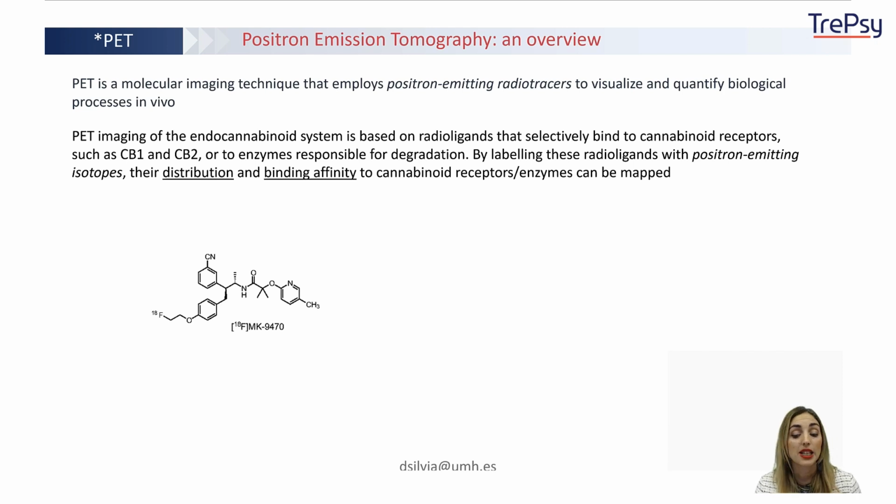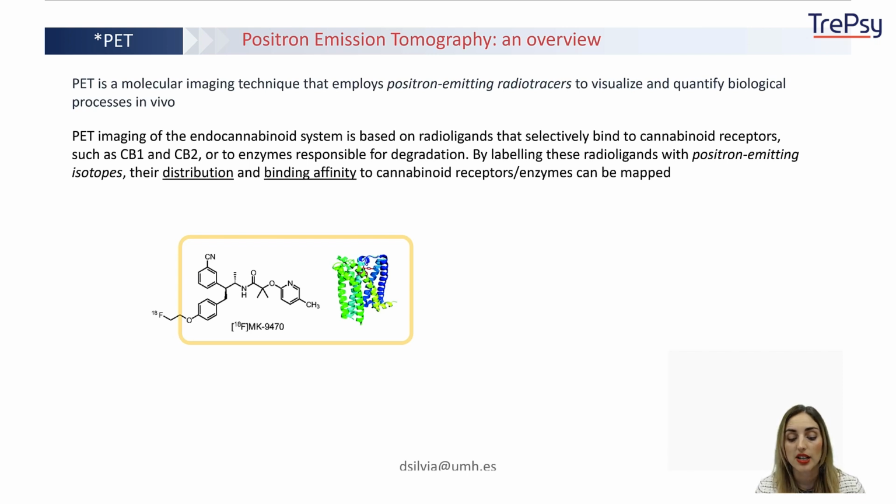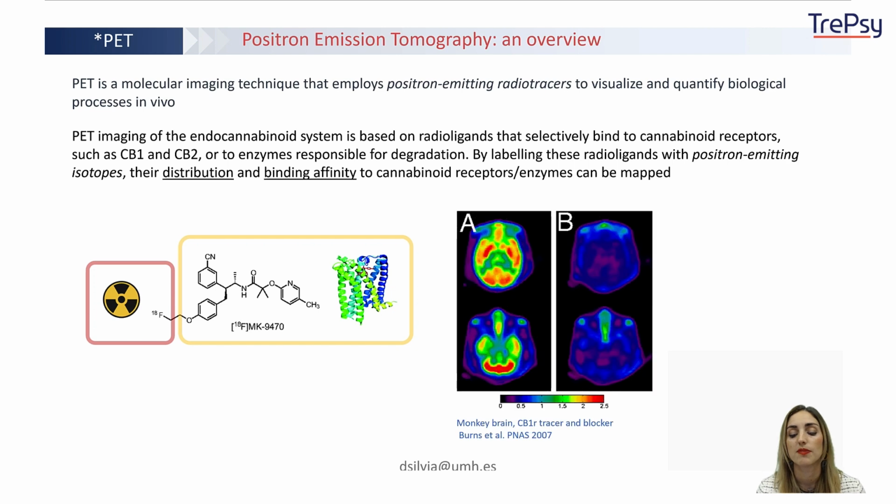How is it done? By labeling these radioligands with positron emitter isotopes, the distribution and binding affinity of the cannabinoid receptor or enzyme can be mapped. We will see the tracer in a little bit more detail, but just as a general idea, the tracer, in this case one based on fluorine-19, is composed of a part that binds to the target, the receptor or the enzymes, and a second part, which is a radioisotope, which is emitting positrons.